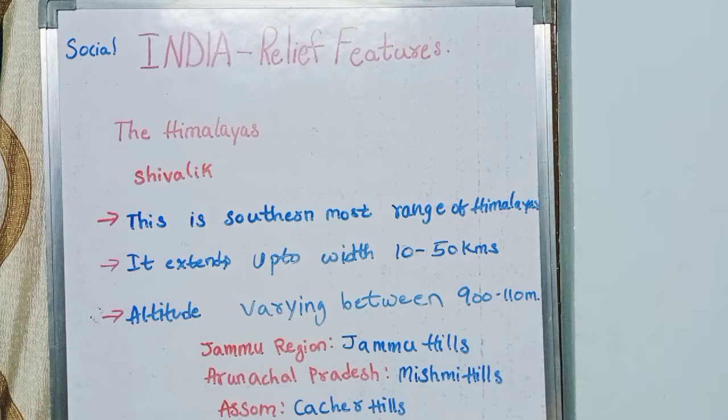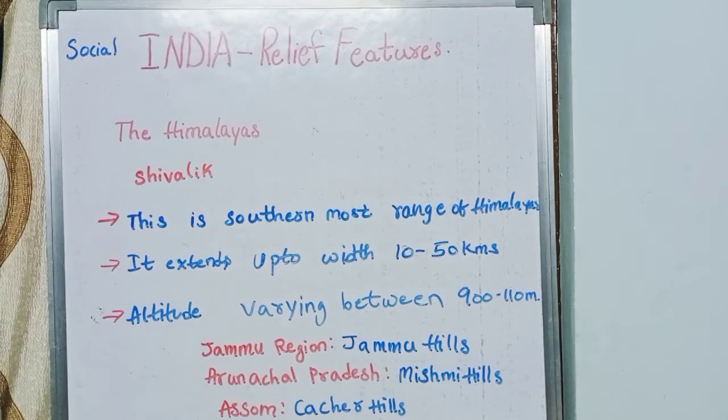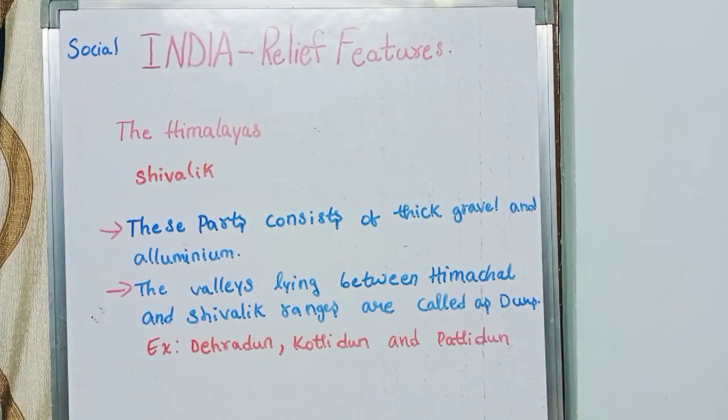This Shivalik is called by different names in different regions. For example, in the Jammu region we call it Jammu Hills, in Arunachal Pradesh, Mishmi Hills, and in Assam, Kachar Hills. These parts consist of thick gravel and alluvium. The valleys lying between the Himachal and Shivalik ranges are called dunes. For example, Dehradun, Kotli Dun and Patli Dun.